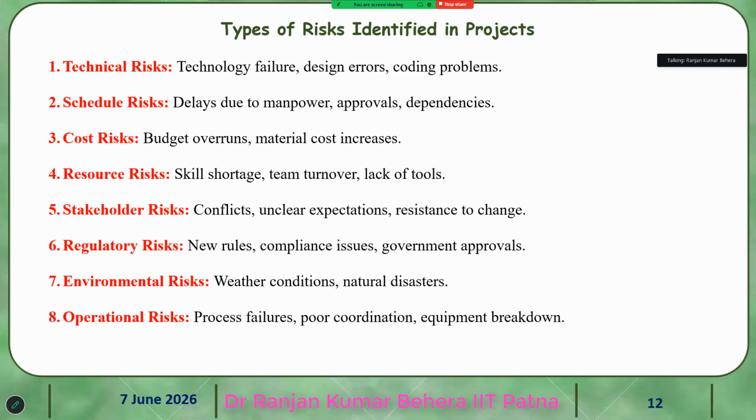First one, technological failure. Then second one is the design errors. Like we thought, oh, my design will be like this, but the design error comes and we are not able to execute that. So the design error and the coding problem.